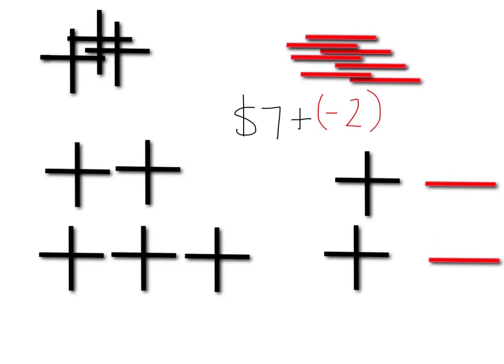Now, you'll notice a couple things. First of all, I kept the red and the black going on here. These are addition problems, so I'm going to make sure that I'm always using the addition symbol. And notice that I put the -2 in parentheses, because it's not minus 2, it's a negative 2. So I put that in parentheses so that we make sure that we're not getting this mixed up with the minus symbol.